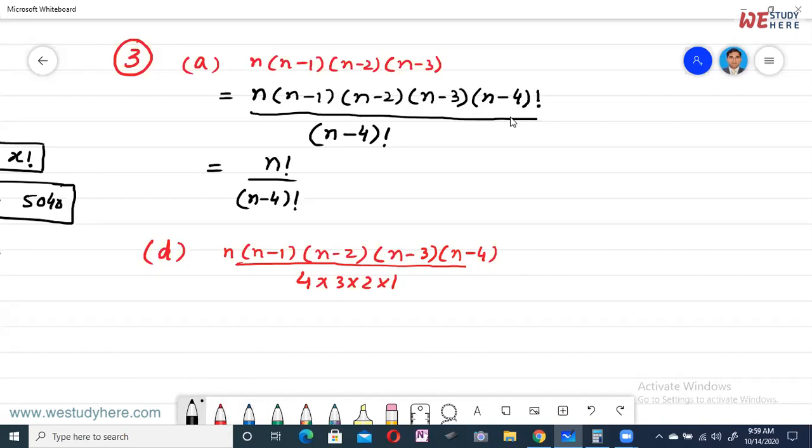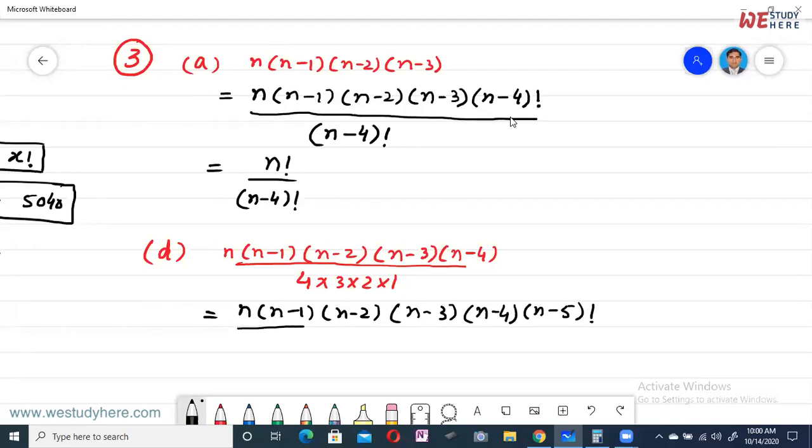Here n minus 4 is available. Then we will write one more factor, n minus 5, and we will take the factorial of that one.